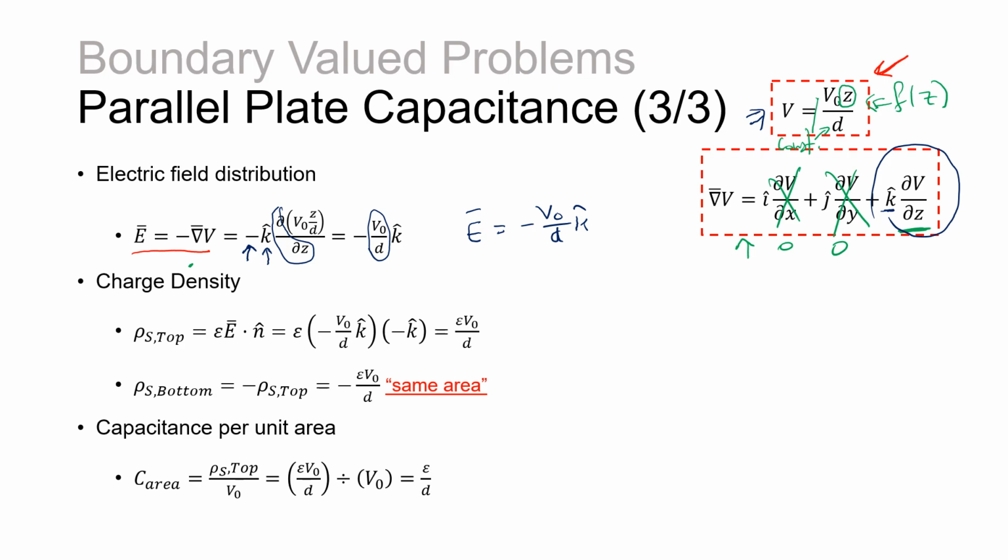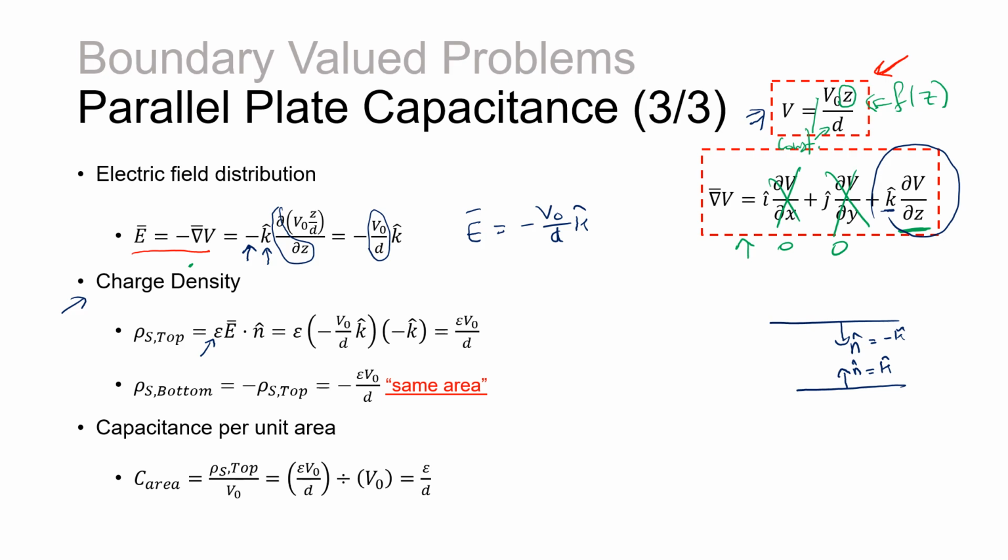Then we go to the charge density. Let's plot this again. We know that the normal here is k, and the normal here is minus k. If we know the electric field at any point, just multiply by the normal and don't forget to multiply by epsilon, then you can get the charge density.